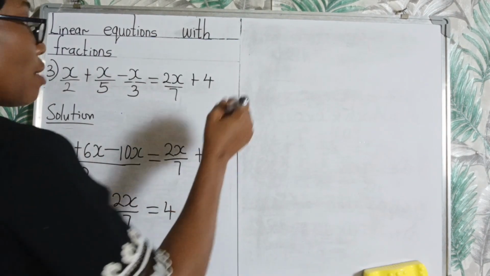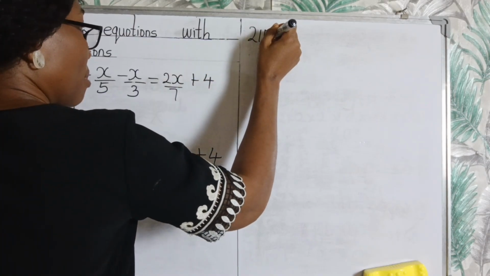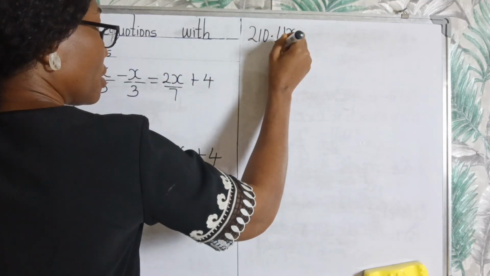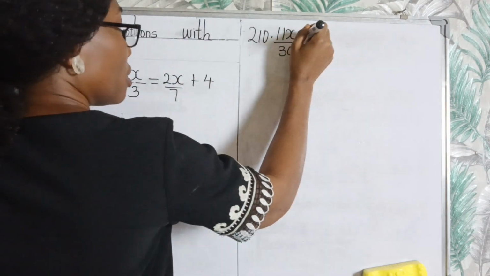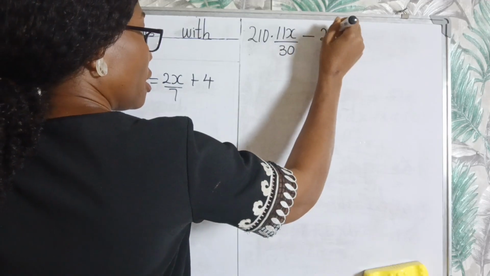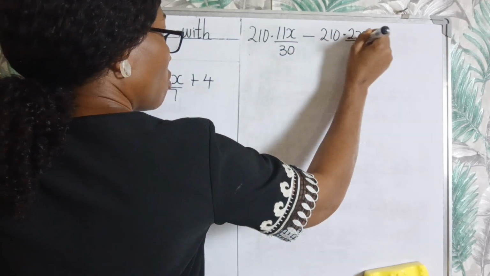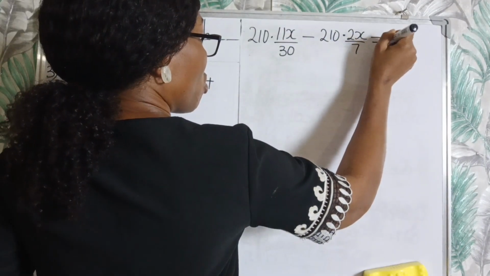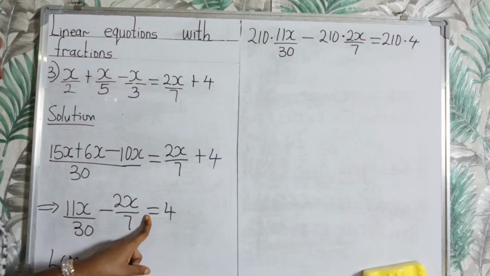So over here we have 210 times 11x over 30 minus 210 times 2x over 7, and this is equal to 210 times 4.